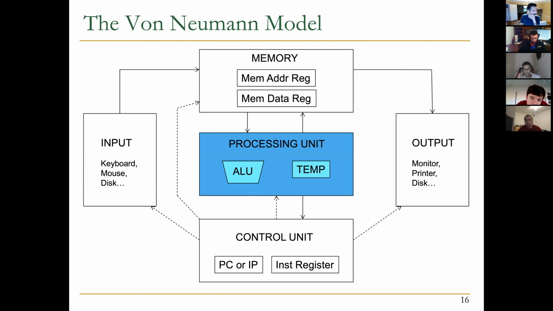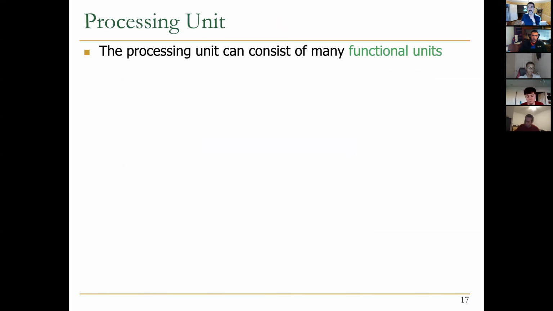Okay, these were what you needed to know about the memory. And for the processing unit, you see that here the ALU, arithmetic logic unit, is located in the processing unit. It is the unit where the mathematical operations will be performed.